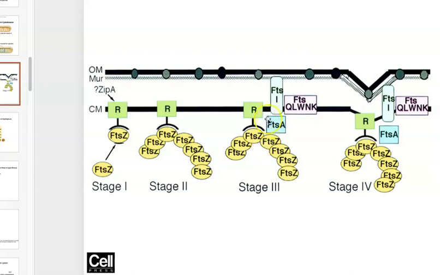By stage 3, a variety of other proteins with significant periplasmic domains are also on the scene, FtsA, FtsI, and then Q, L, W, N, K, this whole cluster of proteins are essential as well. And then when this all comes together, all the Fts proteins, including FtsZ forming its ring, in stage 4, you start to see the pinching off and septum formation.